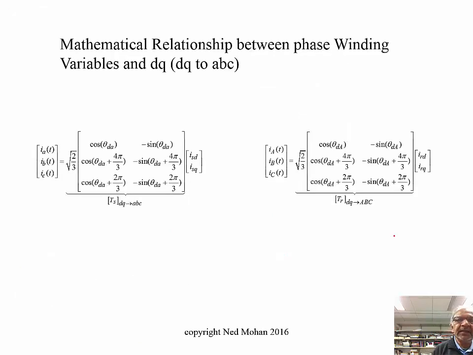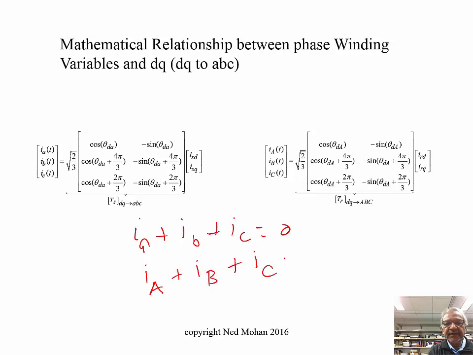Okay. So now we know that in the stator, these three currents add up to 0 because of the Y connection and Kirchhoff's current law, and similarly in the rotor, these three currents add up to 0. Knowing this, we can compute a reverse transformation going from ISD and ISQ to ABC for the stator as well as for the rotor over here.